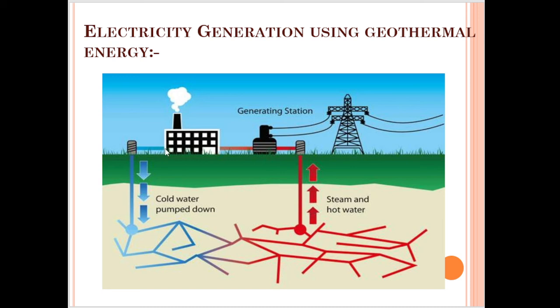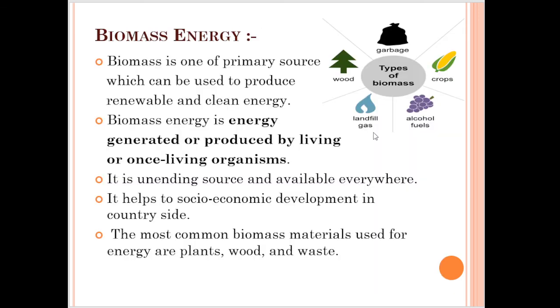Cold water is obtained from water sources, river, lake, and flows from the water source to the inside of Earth's surface through inlet vents or pipes, where cold water is heated up by Earth's heat and transformed into hot water or steam, which is used in a thermal power plant for electricity generation.